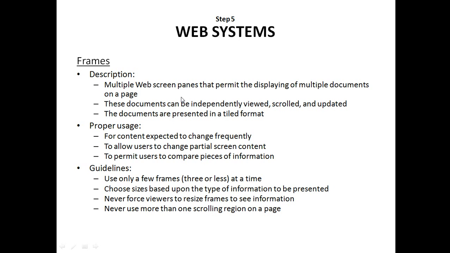A frame is an independent pane of information that is presented in a web page. Frames are multiple web screen panes that permit the display of multiple documents on a page. We can represent these frames as tiled, not overlapping.